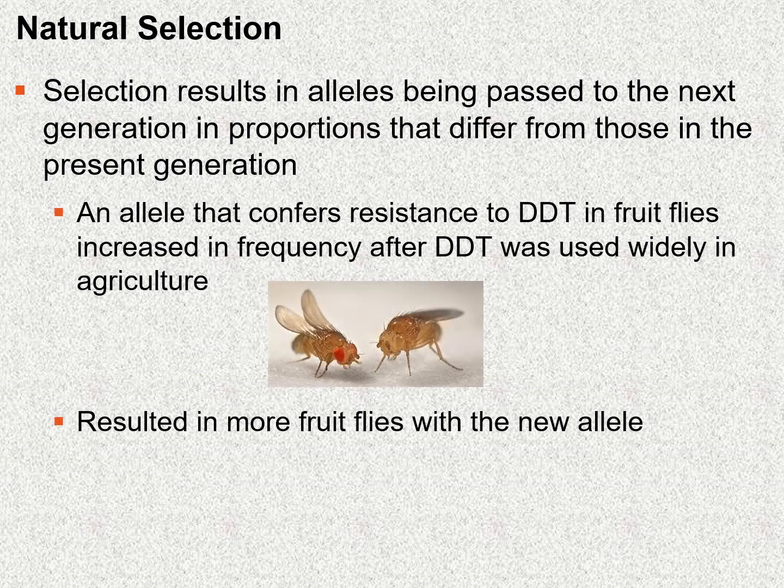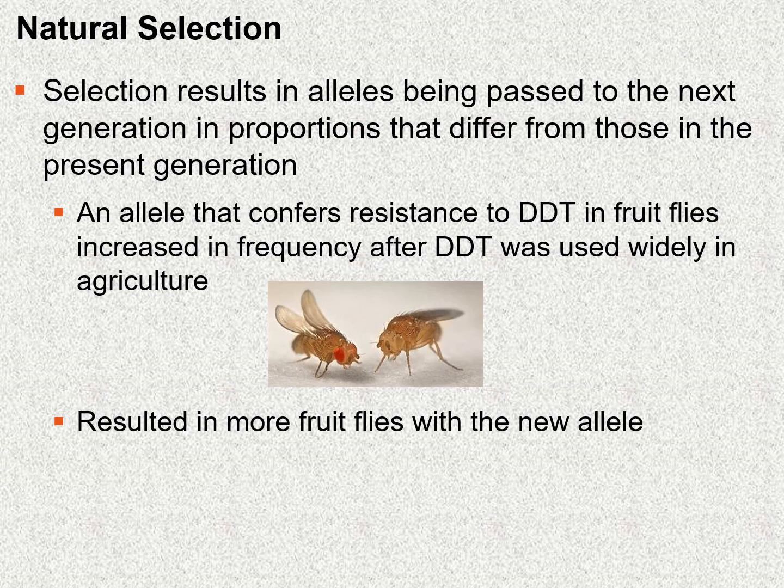Now here, if we kind of go back to resistance to DDT in fruit flies, okay, so DDT is another type of insecticide. Now, an allele that confers resistance to DDT in the fruit flies is going to increase the frequency of that allele because it provides a benefit.